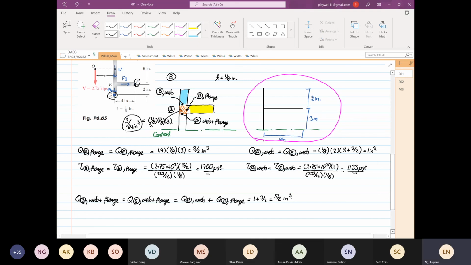So this value is very small. That's why we did not consider it, compared to 5/2. So 5/2 divided by 3/64.